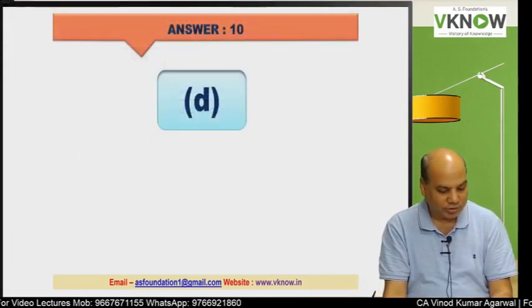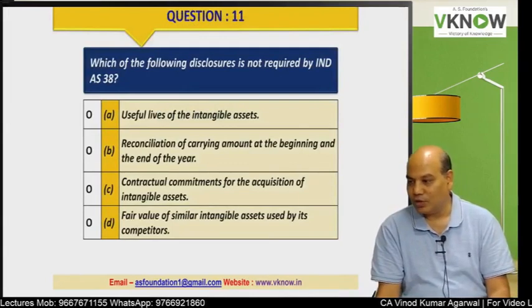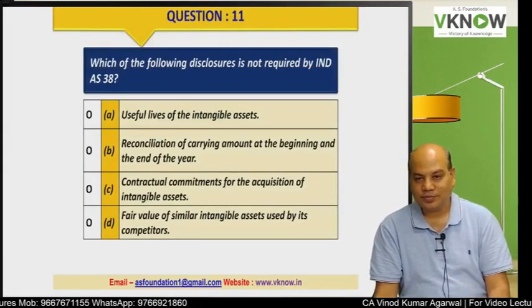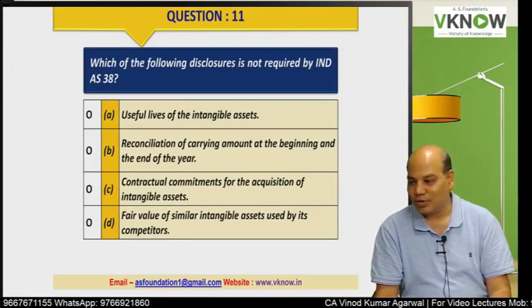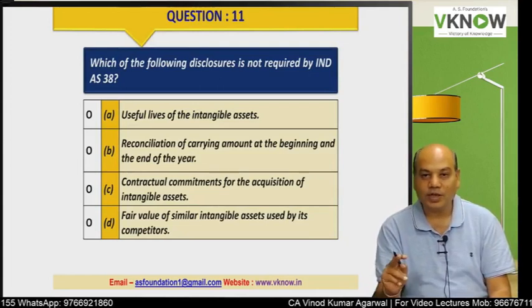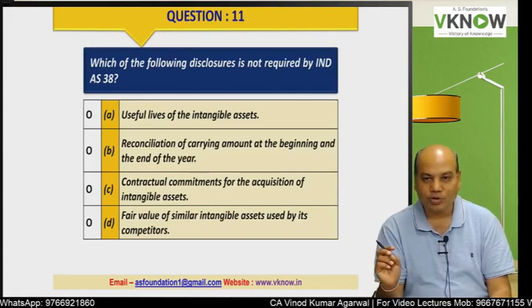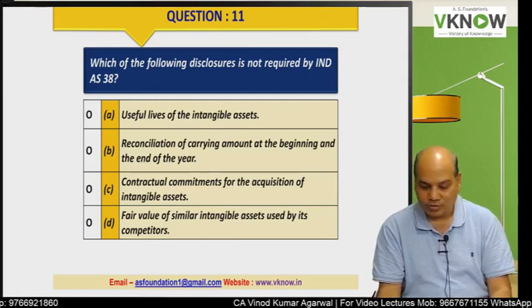Now one last chance to demonstrate your skill. Which of the following disclosures is not required by Ind AS? Not required. 3 of them are required, 1 of them is not required. Useful life of intangible asset, required to be disclosed. Reconciliation of carrying amount, required.